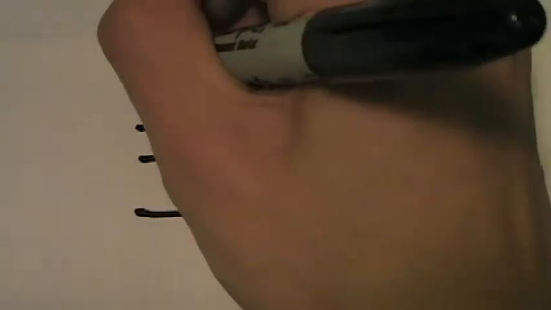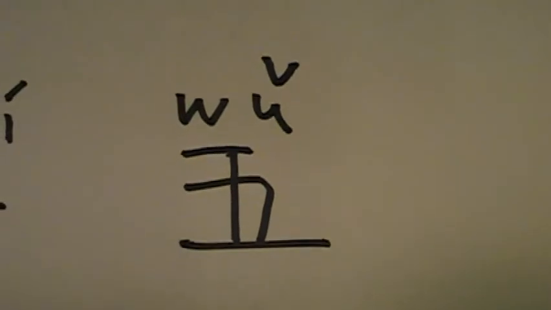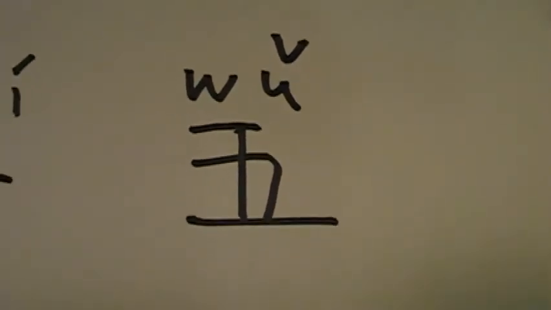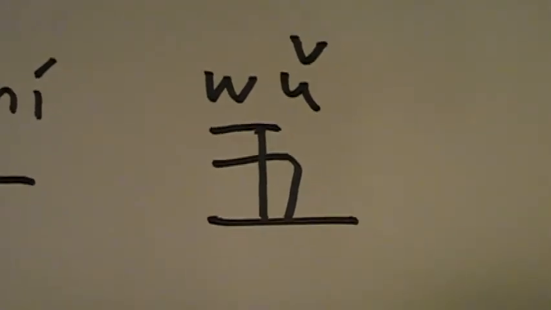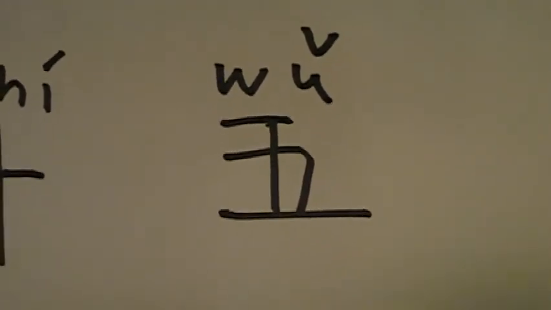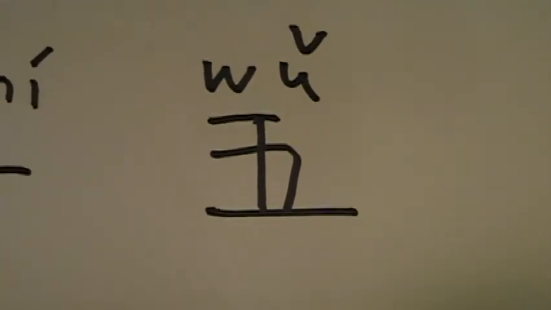And the pinyin for this is W, U, and the half check mark on top of the U. The half check mark represents the third tone, and the third tone should be spoken with a stressed and deep tone, as if one is speaking with a reserved attitude.